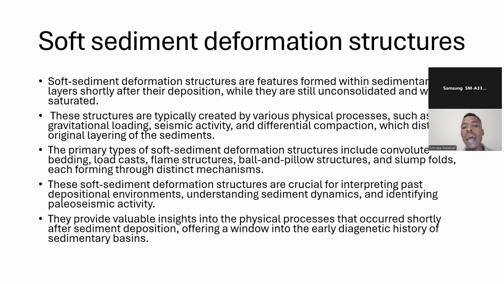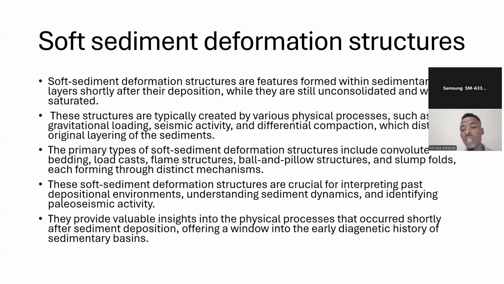These structures are typically created by physical processes such as gravitational loading, seismic activity, and differential compaction, which disturb the original layering of the sediments, like load casts and flame structures. The primary types include convolute bedding, load casts, flame structures, ball and pillow structures, and slump folds, each of which forms through a distinct mechanism.